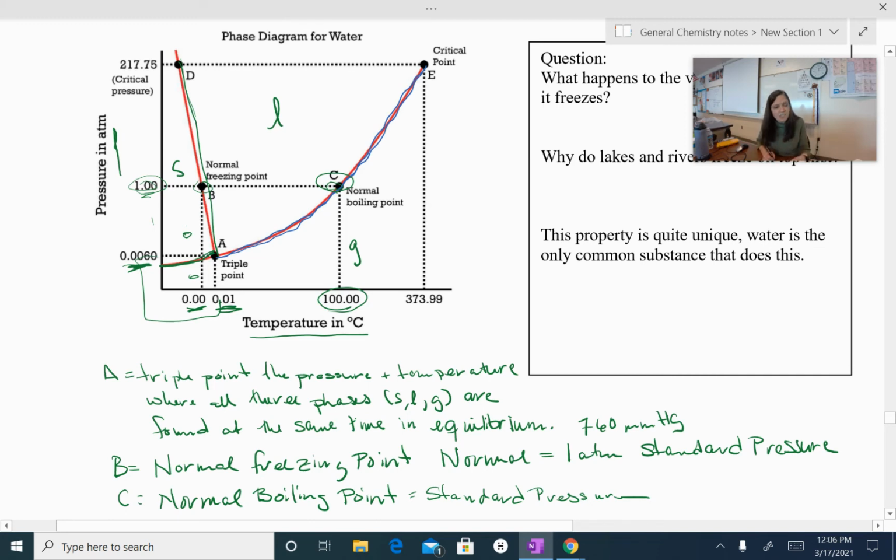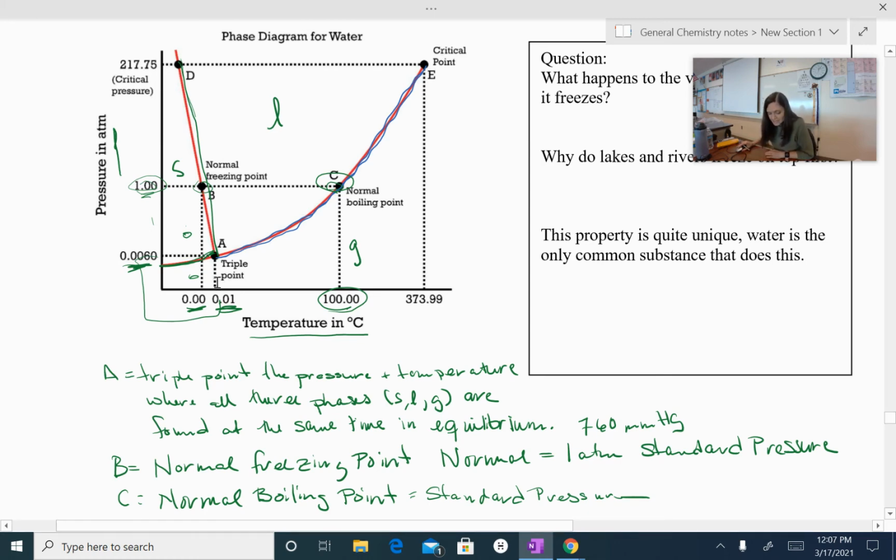So if I change that pressure, it's going to change the temperature that water will boil at. So when we say the normal boiling point, we mean 1 atmosphere or 760 millimeters of mercury, normal pressure. Okay?